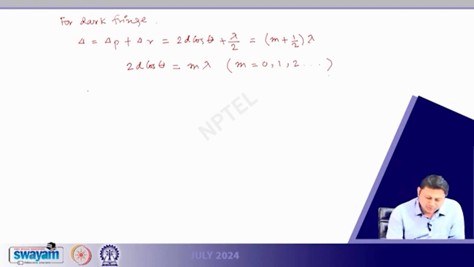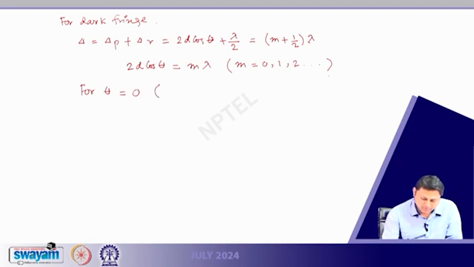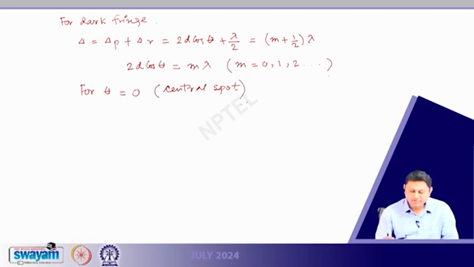Now, for theta equal to 0, theta equal to 0 means we are talking about the central spot, because the fringe pattern will be something like this.